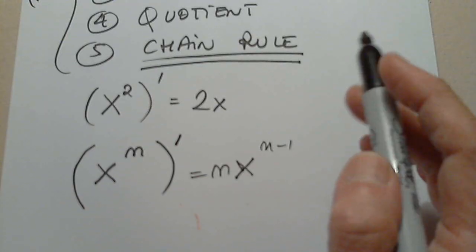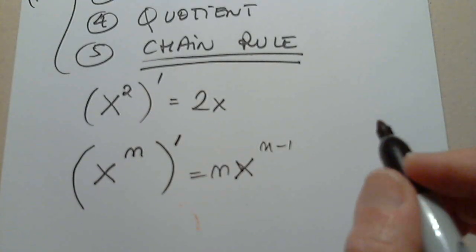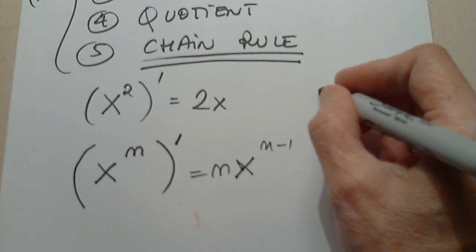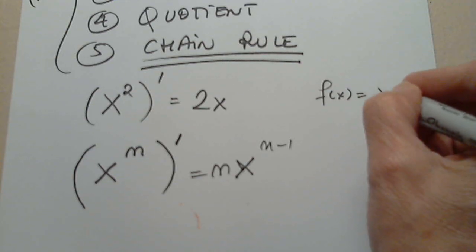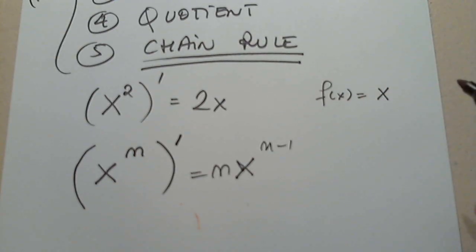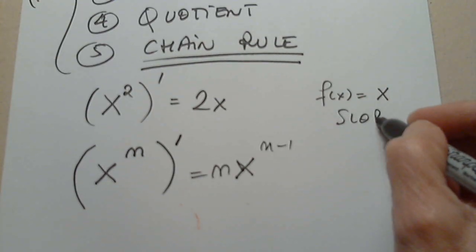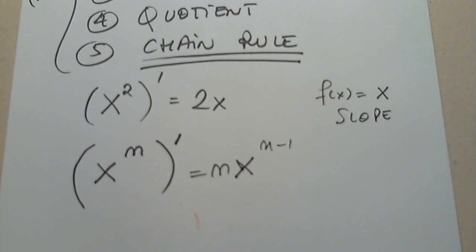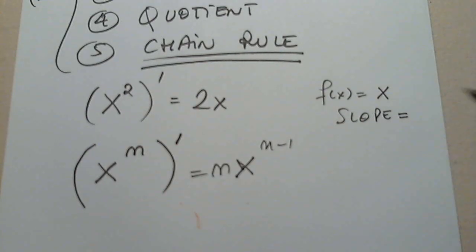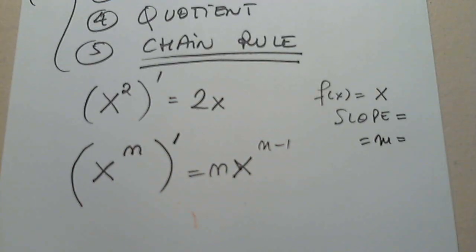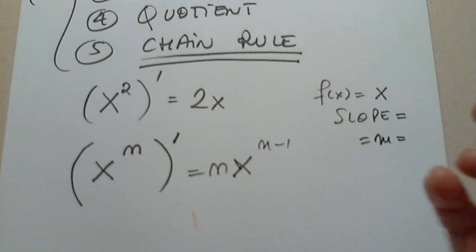Since I already said that, I'm just going to ask you the following. If I have a function that is just x, can anyone give us the slope? It's a line, right? Can anyone give us the slope of this function, which is m equals? This is no calculus. What is the slope?